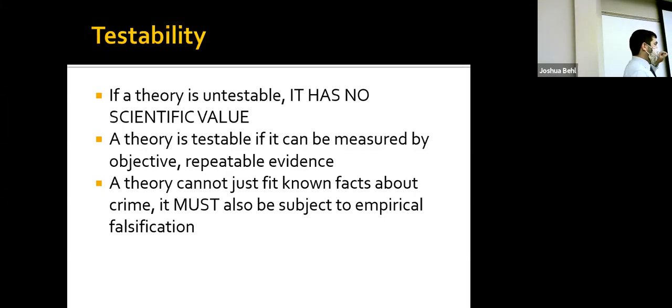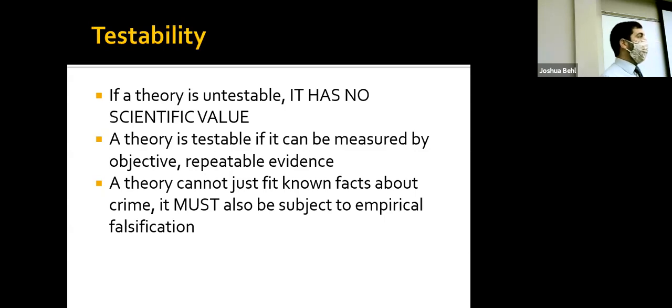So if your psychic told you that something happened, but it was only your psychic and no other psychic can see the future like your psychic can, it's a problem, right? So a theory cannot just fit known facts about crime. It has to be subject to empirical falsification.